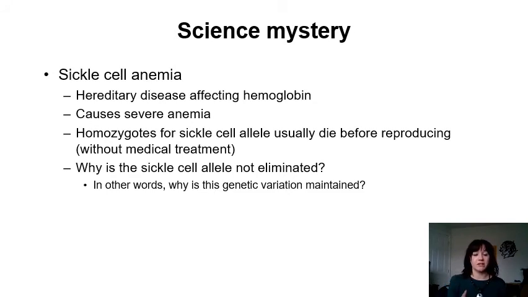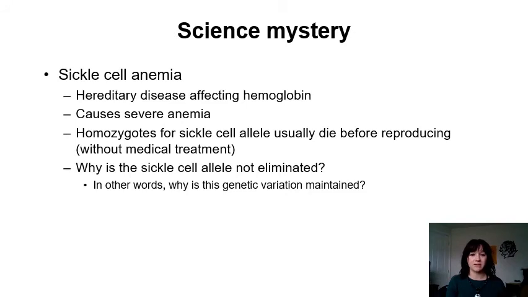So we have a gene that is responsible for hemoglobin, and you have two different variants, all right? One is the normal and one is the sickle cell allele. And so if a person is homozygous for that variant, for that sickle cell allele, if they have both of those, they are going to have anemia, not going to be very healthy, and are not going to live long enough to reproduce. Now, currently nowadays, we do have treatments that can help with this, right?